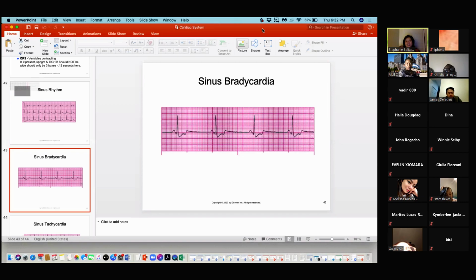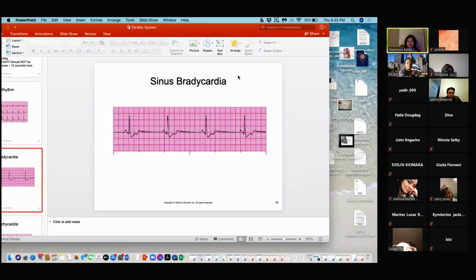This is one EKG strip that they're going to show you on your test. It's probably representative of 1 minute. So this one is sinus bradycardia. It's regular because they're evenly spaced, right?